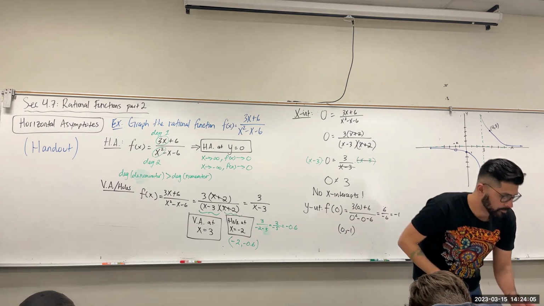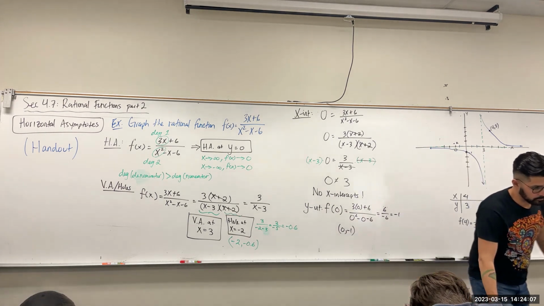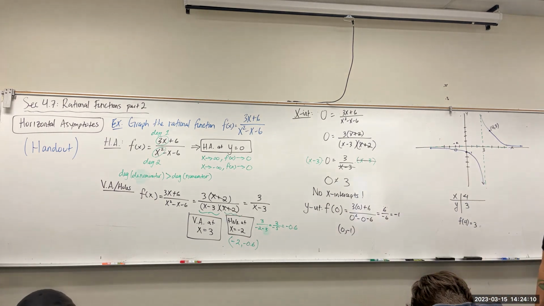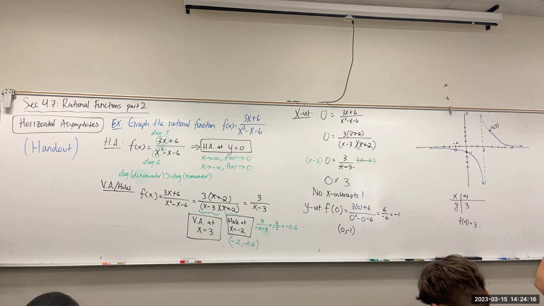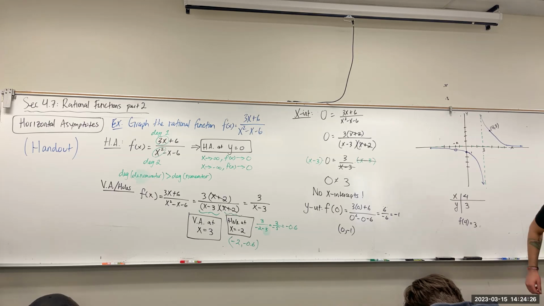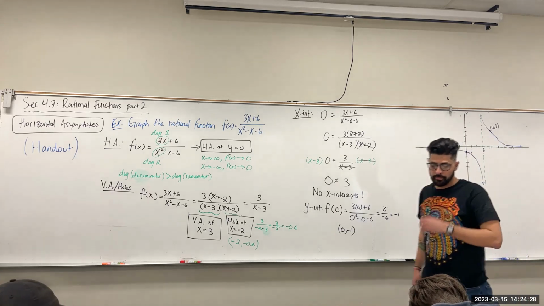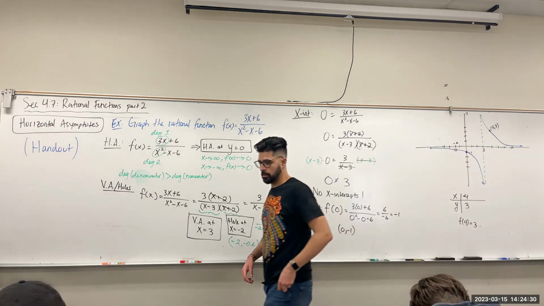So for one, if the degree is 0, then it's less than. But remember, it compares the denominator to the numerator, not the other way around. So the degree of the bottom is greater than the degree of the top. Horizontal asymptote.